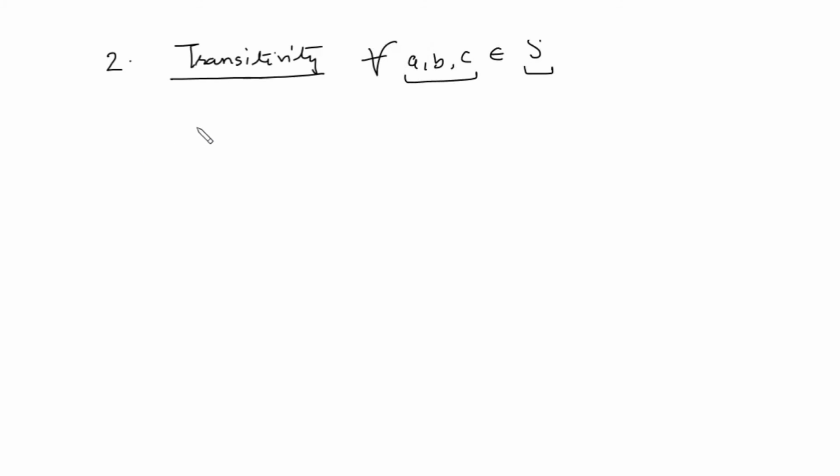If we have the conditions that A is greater than B and B is greater than C, then this implies that A is greater than C.